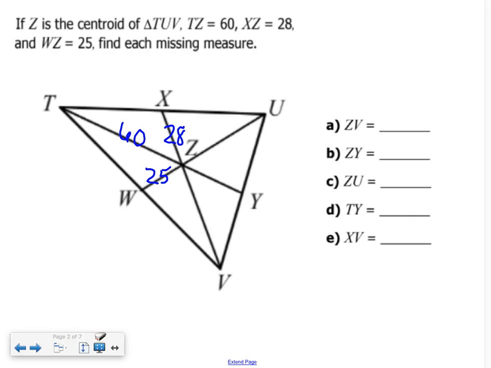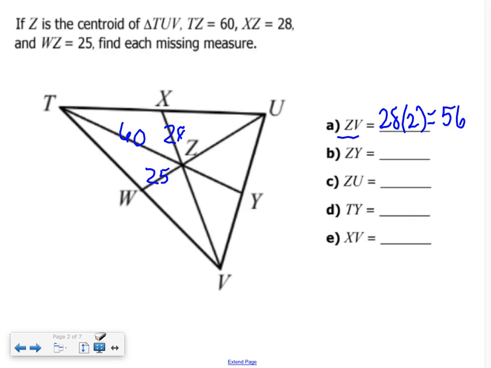So if I wanted to find ZV, this guy right here, who has an idea what we should do? 28 times 2. Right? So I know this is 1/3, so how many of these fit in here? 2 of them. So 28 times 2. What do we get? 56. Perfect.